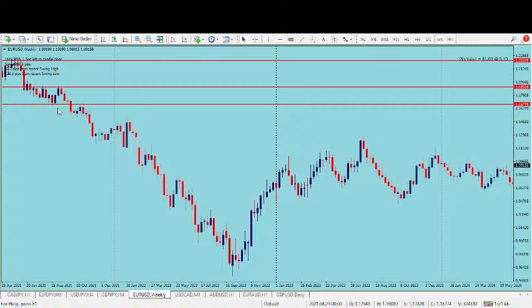So based on what I'm saying, it got here, then it busted the previous swing, which is here. It formed a lower low here. Look at it, formed a lower low here. Try to move up again.